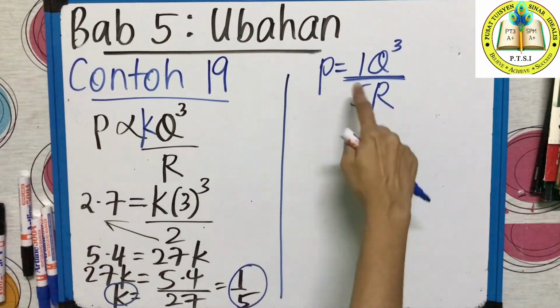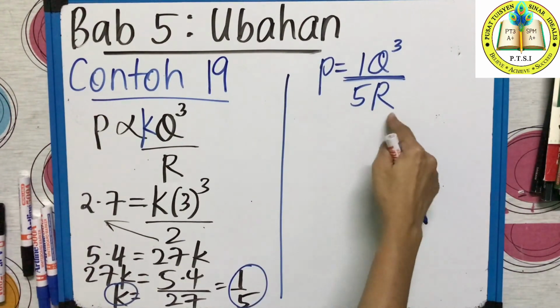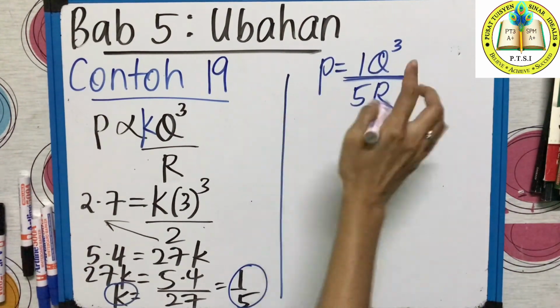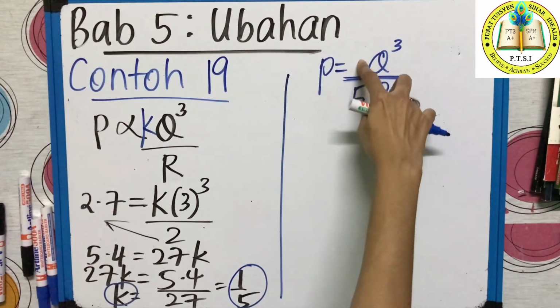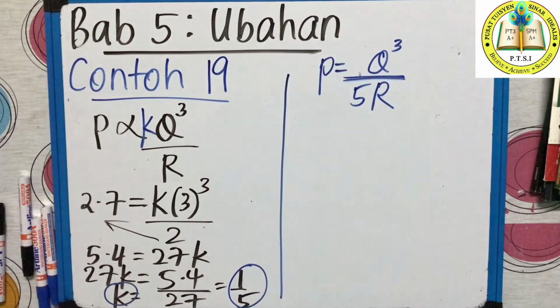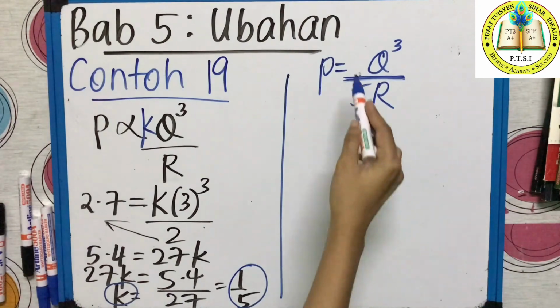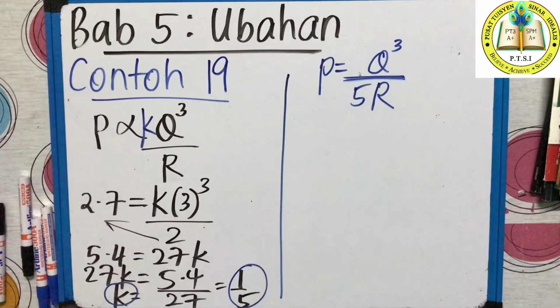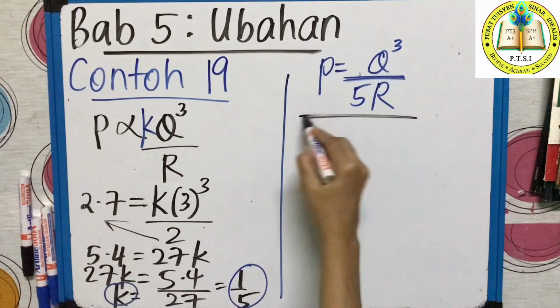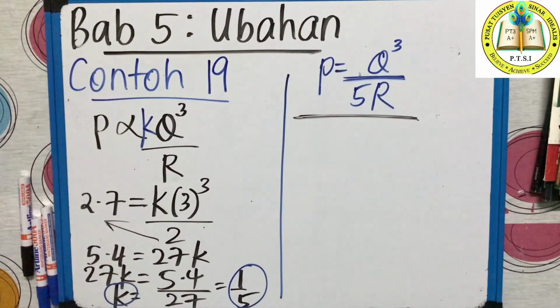So the R is over R, right? So 5R will be together. 1 tu kamu nak guna pun tak apa, tak guna pun tak apa. It's up to you. So teacher remove the 1. So your equation will be this one. Nampak tak? P sama dengan Q kuasa 3 over 5R.